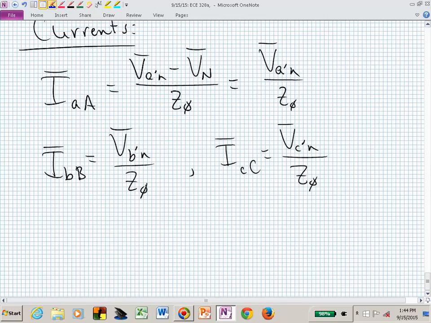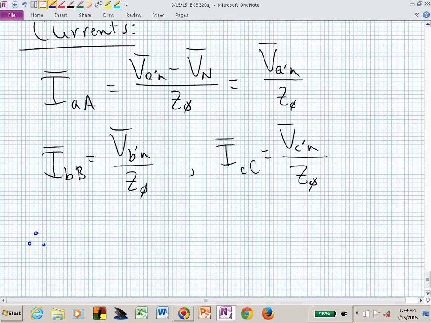What can you now say about those currents and how they are related? What is Z sub phi? That's all of our impedances, and what does that look like? That's just a complex number. Has a magnitude and an angle. And we are now adjusting all of these balanced three-phase voltages by the same complex number, same magnitude and angle.